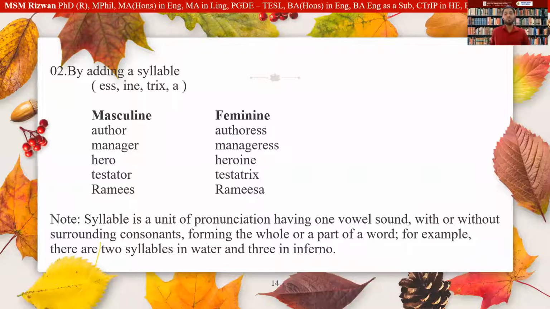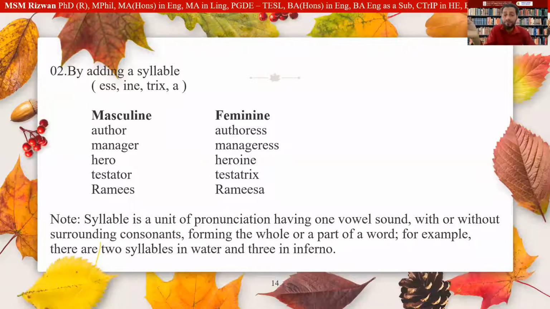For example, look at the word water. The word water contains two syllables. The vowel sounds are used there, right? So here, a unit of pronunciation: Wa is one unit of pronunciation. Water.